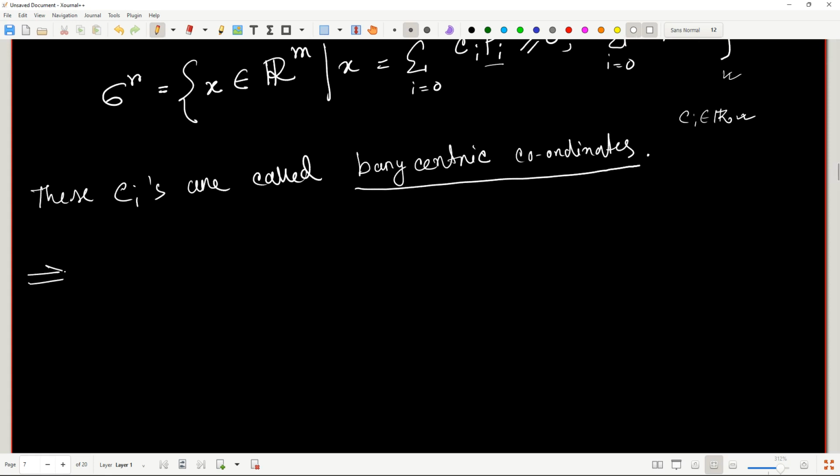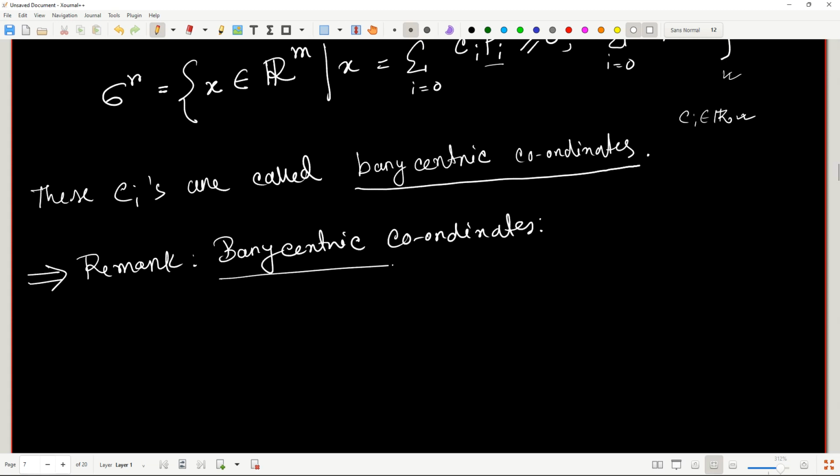So this is some remark about the barycentric coordinates. To understand what this means, we can try to draw an example that is familiar from our high school physics.